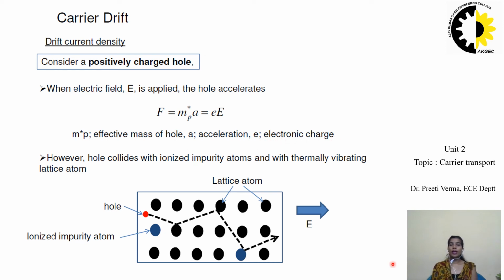However, the hole collides with ionized impurity atoms and with the thermally vibrating lattice. In this way it will collide with other ionized lattice atoms, and the direction of the field will cause the movement of this hole.